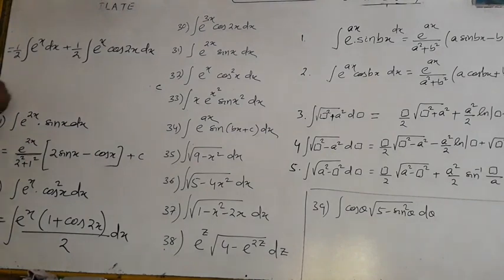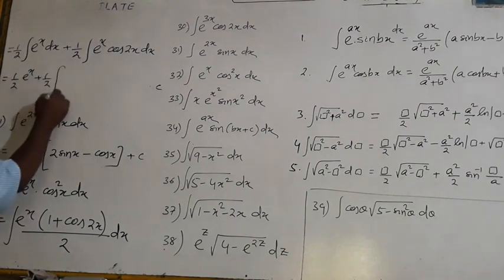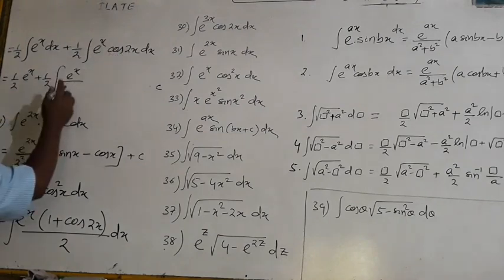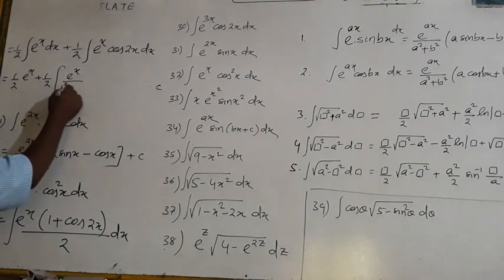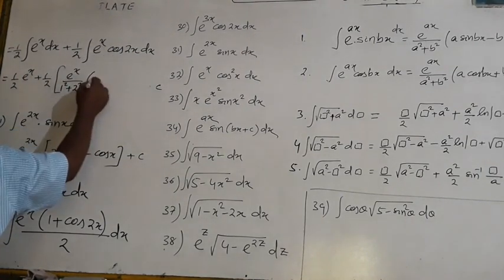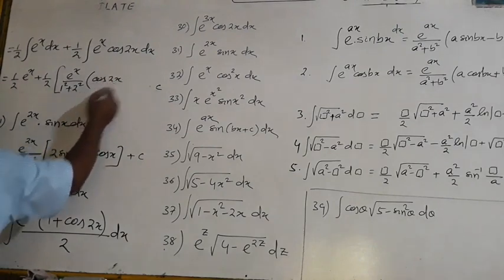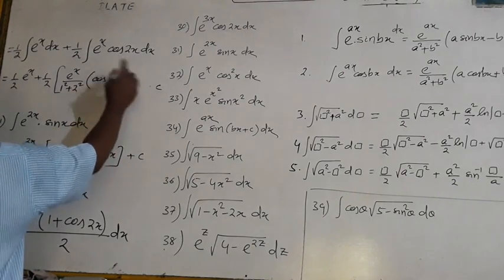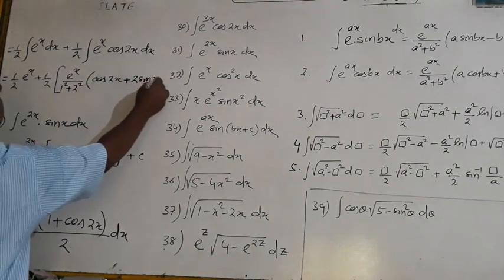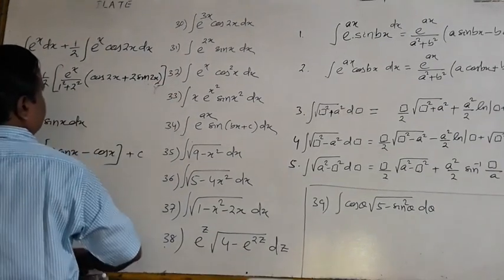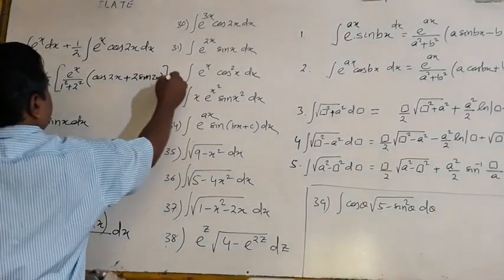Integration of e to the power x is e to the power x, plus 1 by 2 with the whole common: e to the power x over 1 square plus 2 square, and take common a cos 2x, which is 1 cos 2x, then plus 2 sin 2x. After that you will put a constant c there.